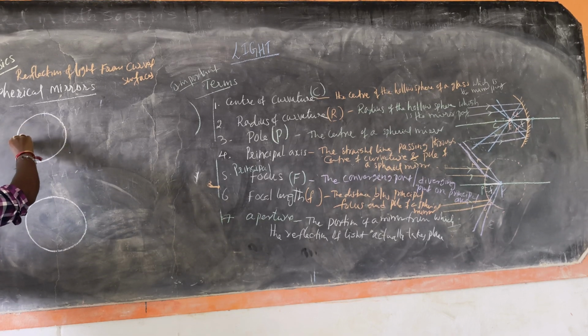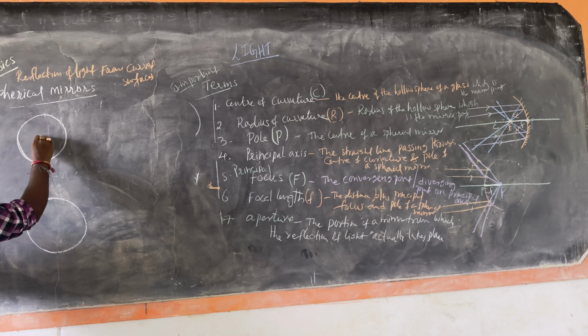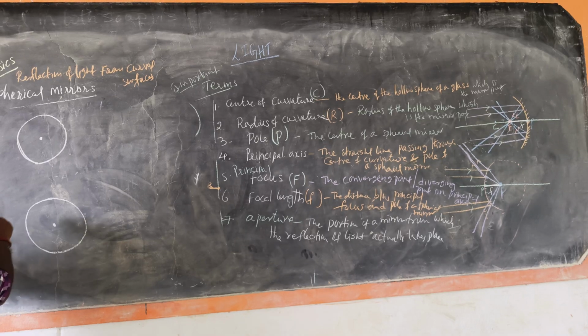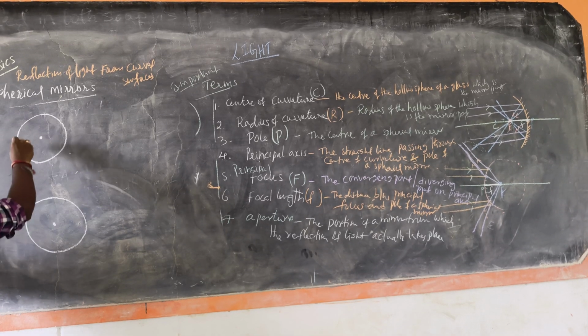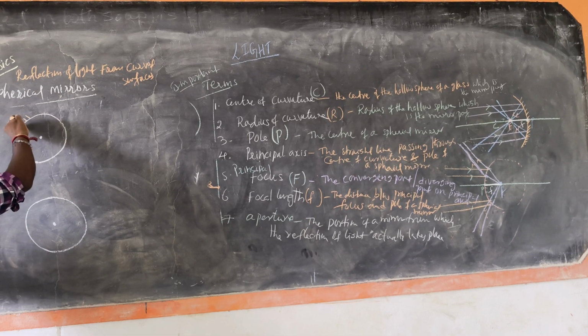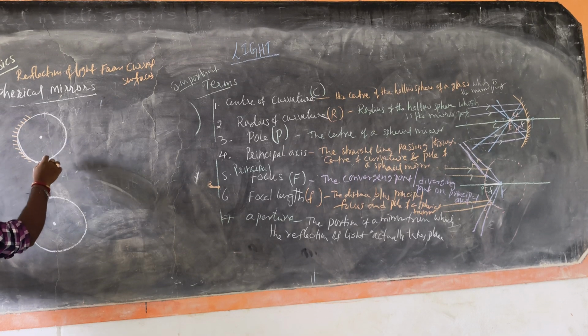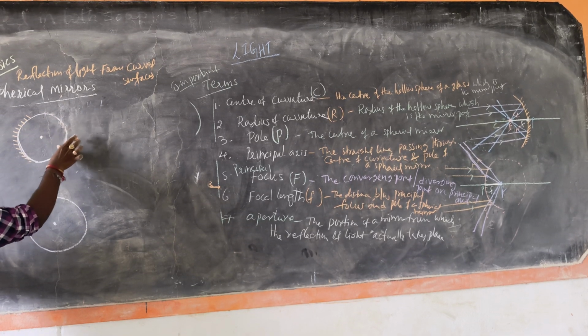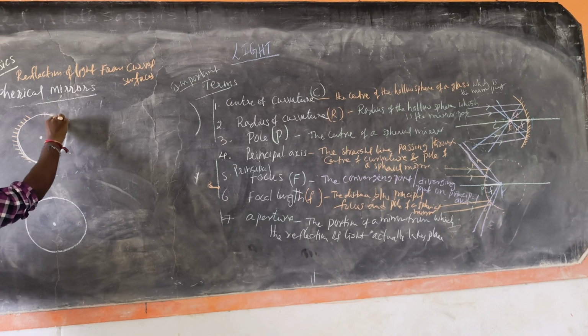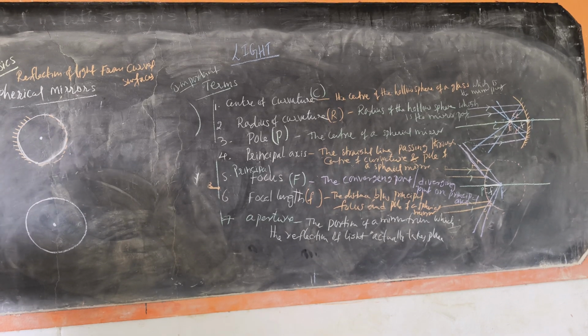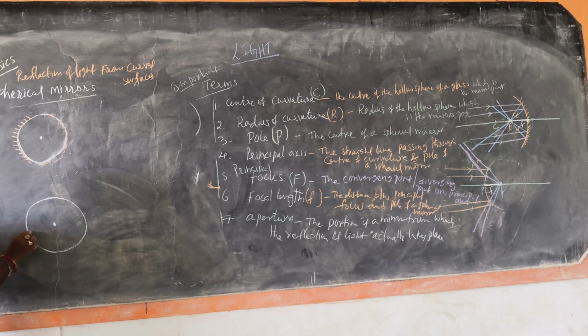So, a sphere, center. Let us consider this surface is concave, and let us consider this one is convex.